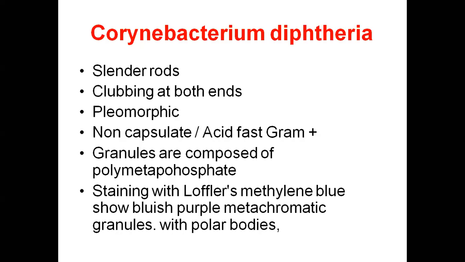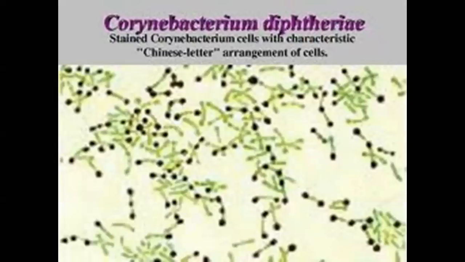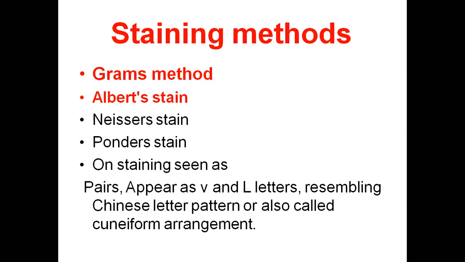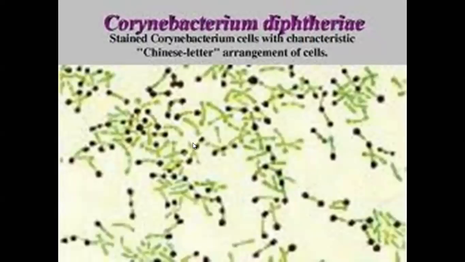On staining with Loeffler's methylene blue, you can identify bluish purple metachromatic granules with polar bodies. That means with the Loeffler's staining technique, particularly methylene blue, you can identify this Corynebacterium diphtheriae. It looks like this, for example.